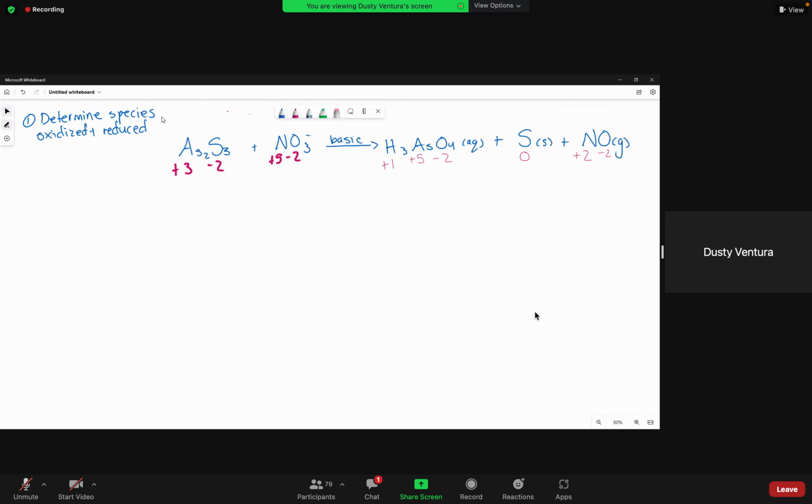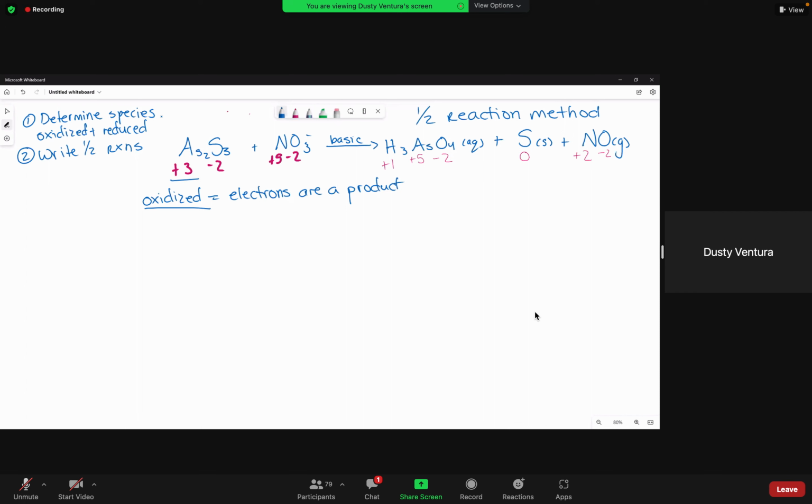Okay, so next step is write your half reactions. This is called the half reaction method. If you want to look this up and watch a few examples being done. So we want our species oxidized, the one that became more positive, where electrons are going to be a product. That's As.